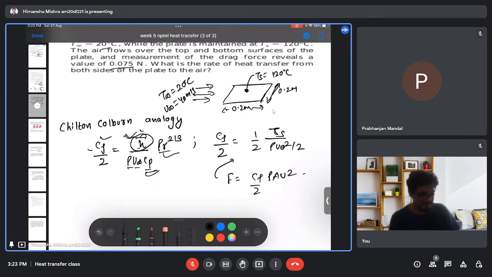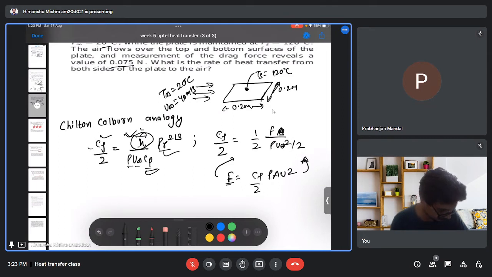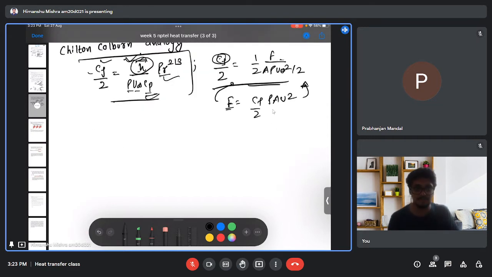I use the exact same relationship here, and instead of force, I have written down... Okay, let me write here as... So this is the relation I am using to find out this drag coefficient, and then I will use the Chilton-Colburn analogy to find out the heat transfer coefficient. So let's first find the drag coefficient.